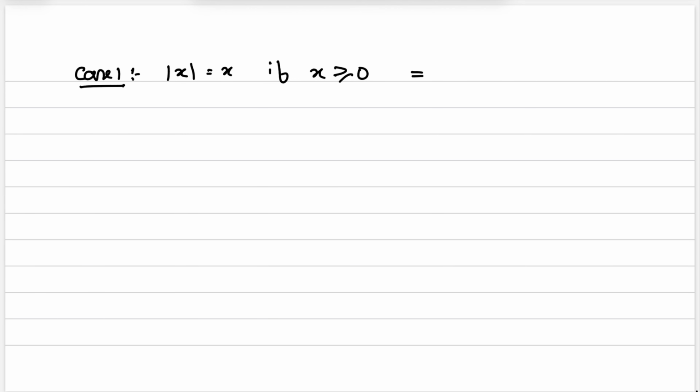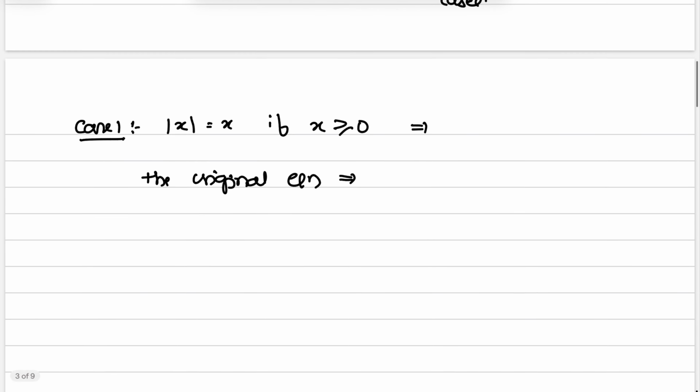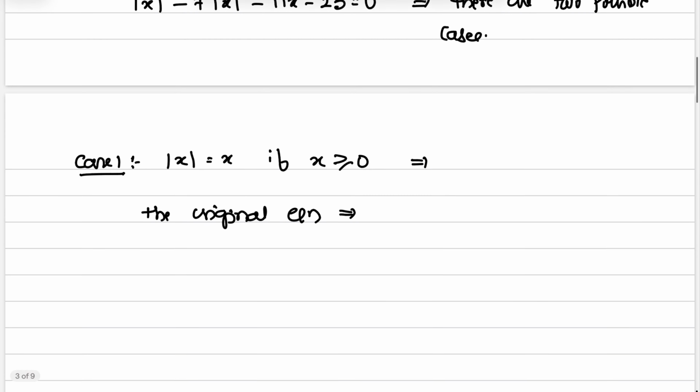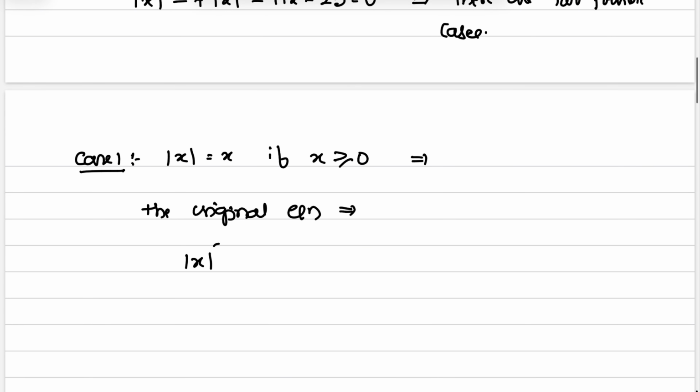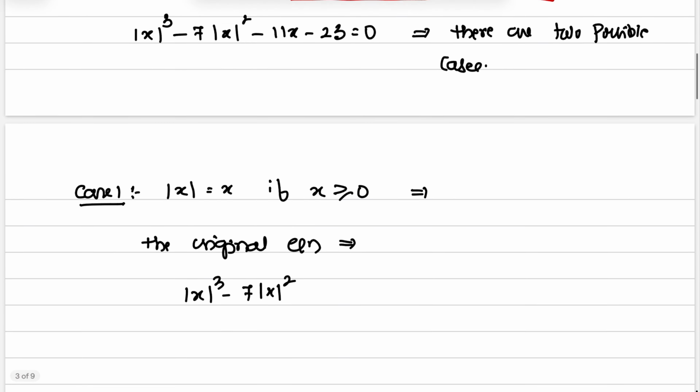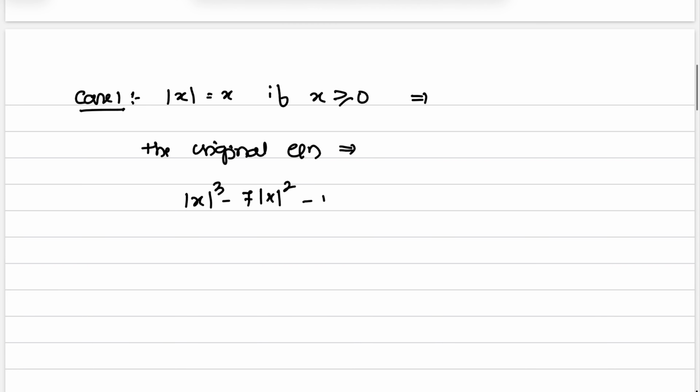Then the original equation becomes, replacing absolute x with ordinary x, absolute x cube minus 7 into absolute x square minus 11x minus 23 is equal to 0.